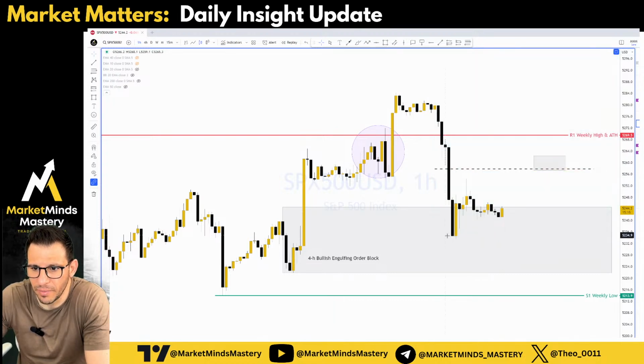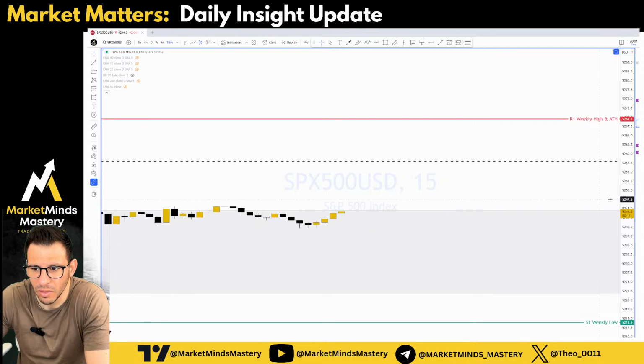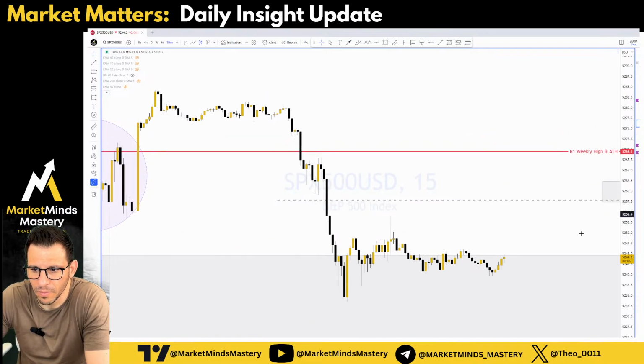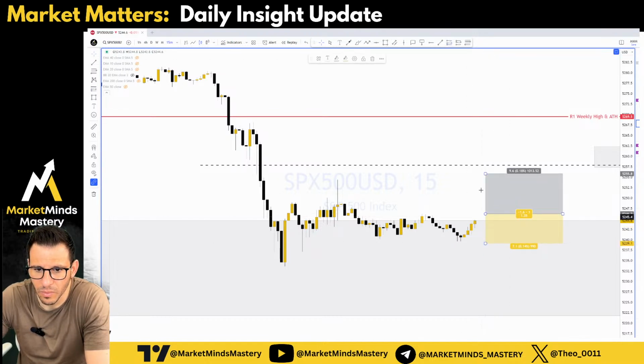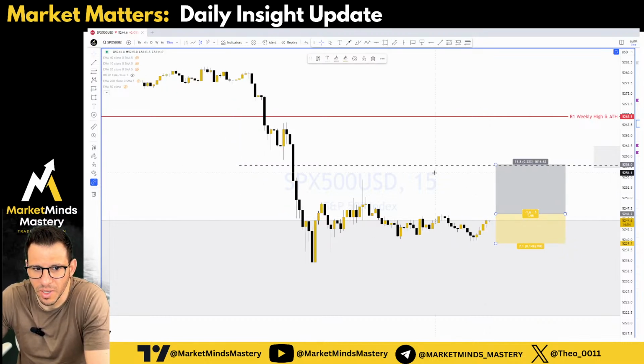So if we go to the 15-minute time frame and we are looking to buy this one, there is almost pretty much 1.5 or a bit more to be made at this point.